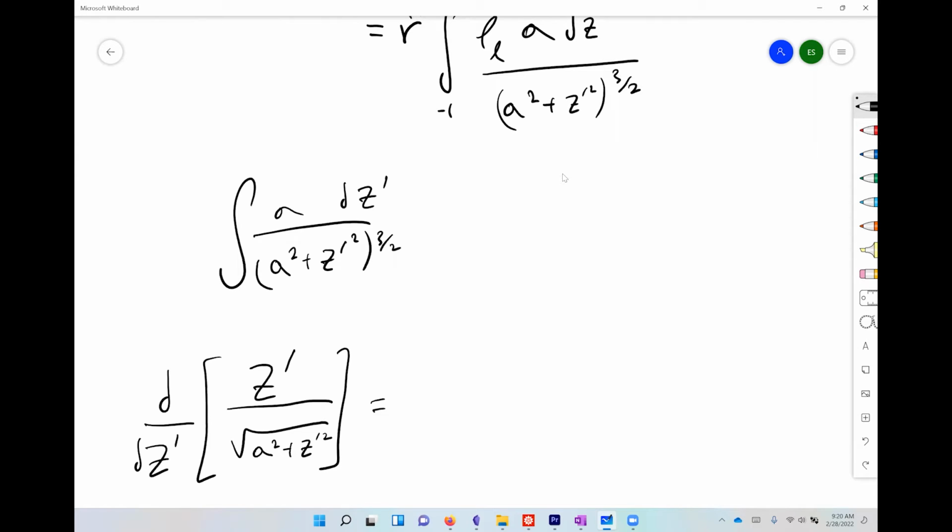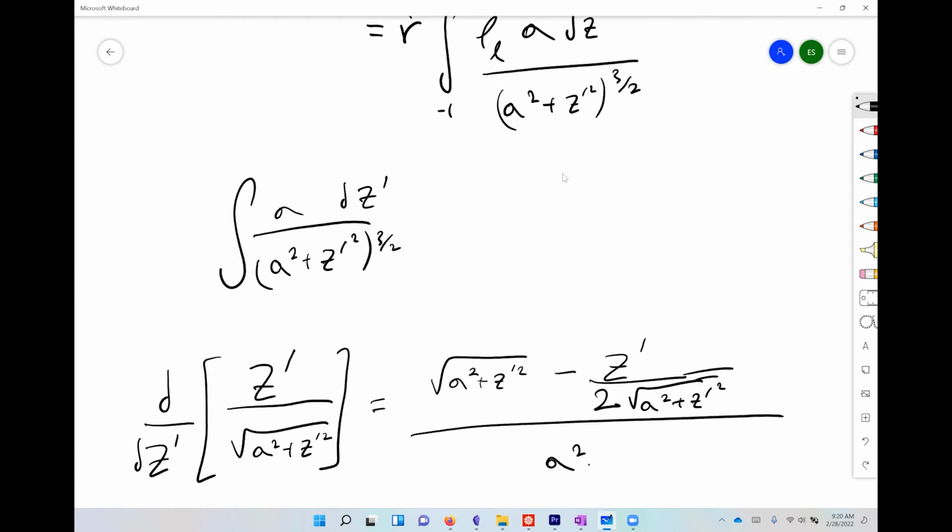It's going to be the denominator times the differentiation of the numerator, minus the numerator times the differentiation of the denominator, which is 1 over 2 square root, all over the denominator squared, which is a squared plus z prime squared. You know how to do a quotient derivative, right?